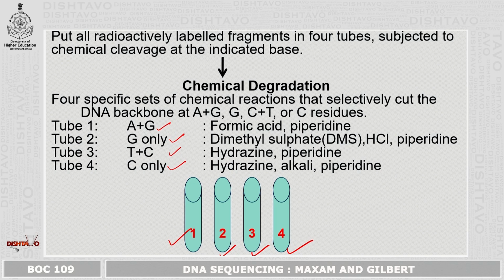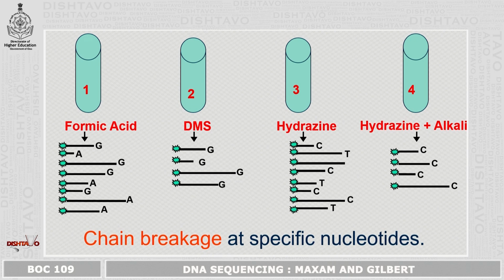Now, piperidine is added to all the 4 test tubes because it will cleave the phosphodiester bond at the 5' end and release the base. So, if we see the 4 test tubes, in test tube number 1, where formic acid was added, it will cleave wherever there is guanine and adenine. So, the strands are separated at places where there is adenine and guanine.